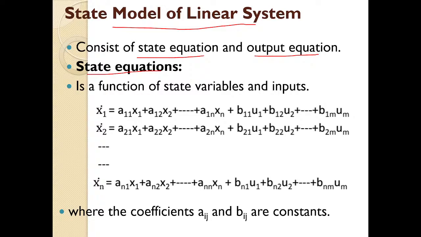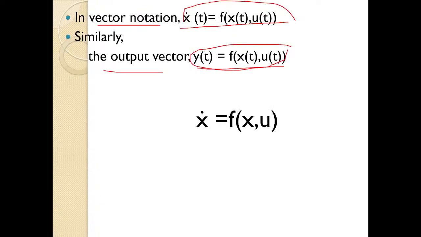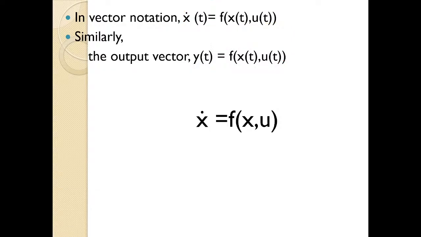The state equation of any system is a function of state variables and inputs. That's what we have seen earlier in this slide. This is our state equation, which is a function of state variables and inputs. x of t is the state variable, u of t is the input.